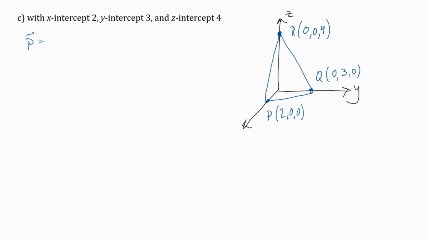You're going to have the skills, but you might not recognize that you have to do these 3 steps to answer this question. So coming up with the equation of a plane, I need 2 direction vectors, and I need a point in the plane. I'm turning the point into a position vector, so I'm just going to pick one of these 3 points.